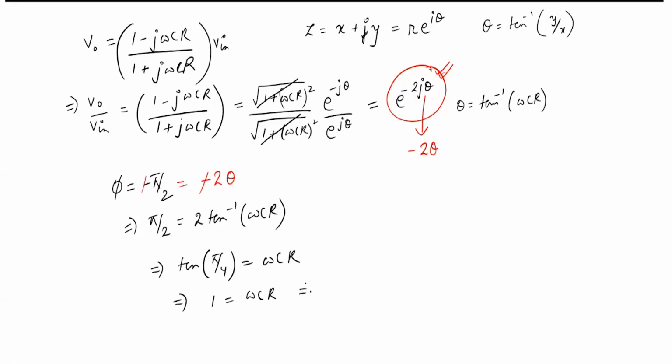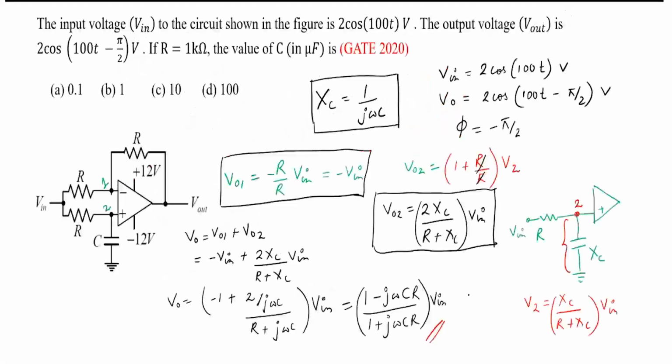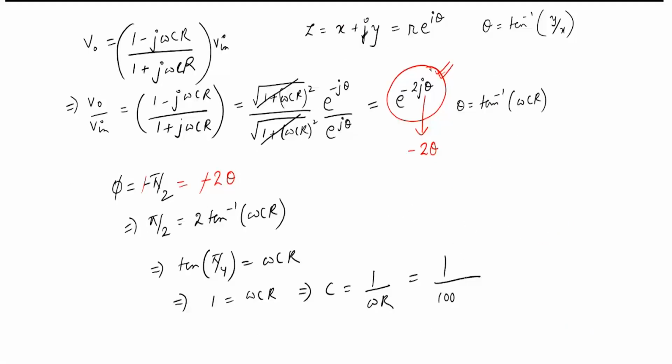So omega CR is 1. Then you can find out C is equal to 1 by omega R. Omega is how much? 100. And what is R? I think 1 kilo ohm, right? Yeah, 1 K, so 10 to the power 3. So you have 10 to the power minus 5 farad. So this is how much? 10 microfarad. Done.